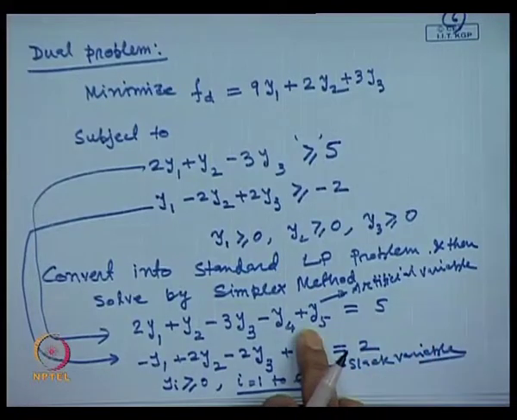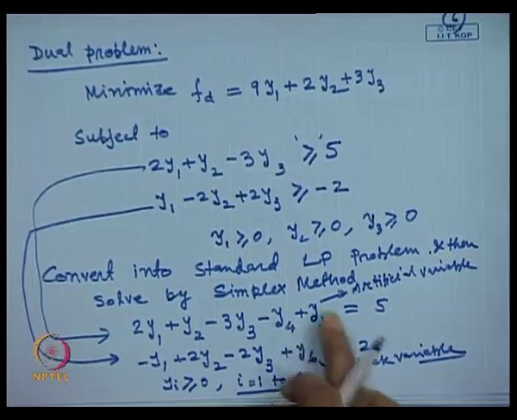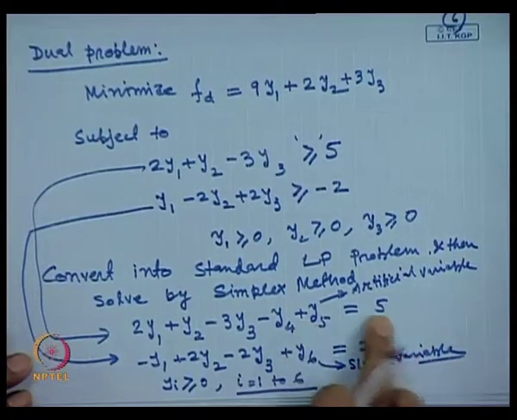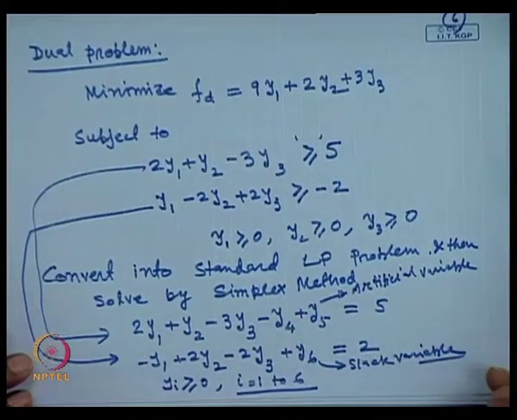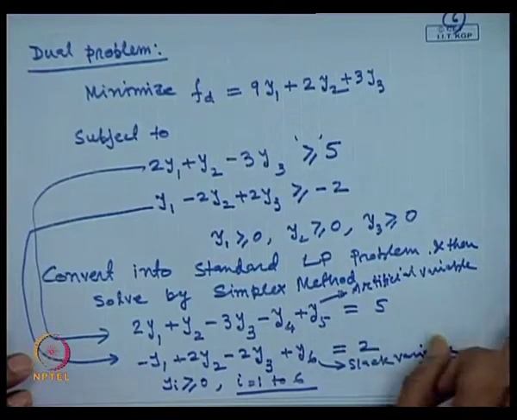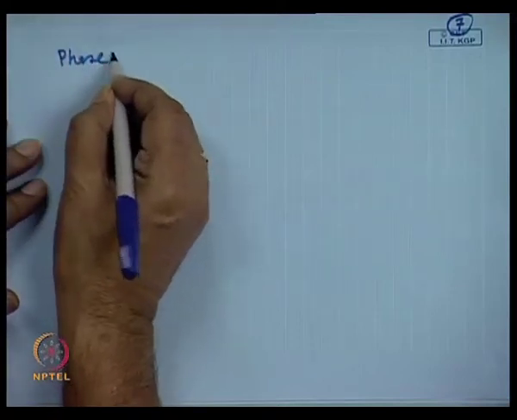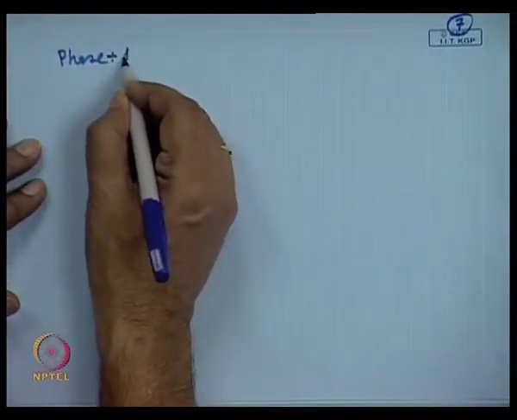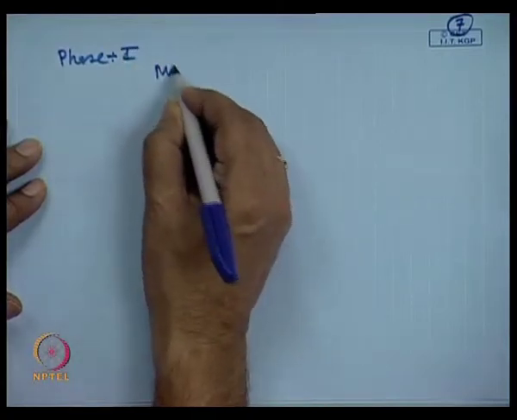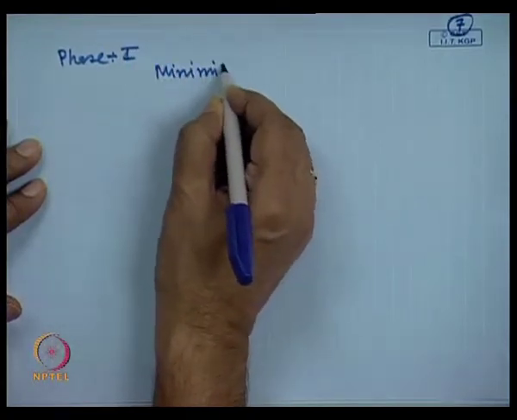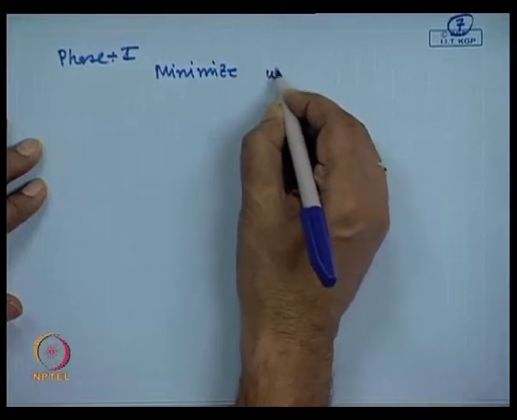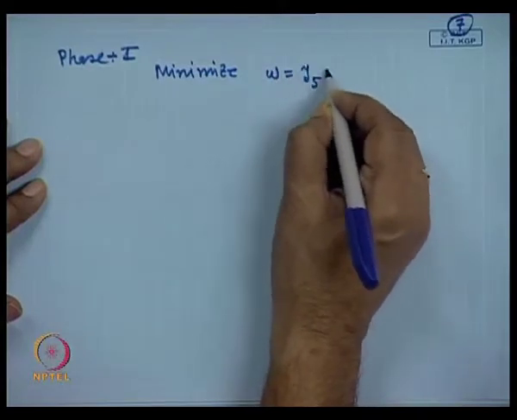So, in this case only one artificial variable y5 I have to minimize. Then y5 expression I can write keeping all the other variables on the right-hand side. So our phase 1 problem is like this: minimize w is equal to y5, and what is y5?